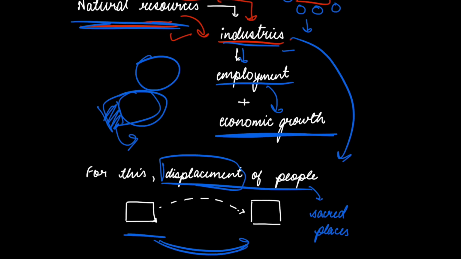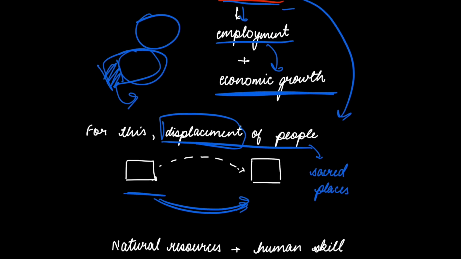So the displacement of the people is required, but you will also see that there will be disputes when that land is a sacred place or anything like that. If the natural resource is found in some sacred place, then it will not be possible to extract it so easily without disputes, because there will be an emotional connection of people with that place.